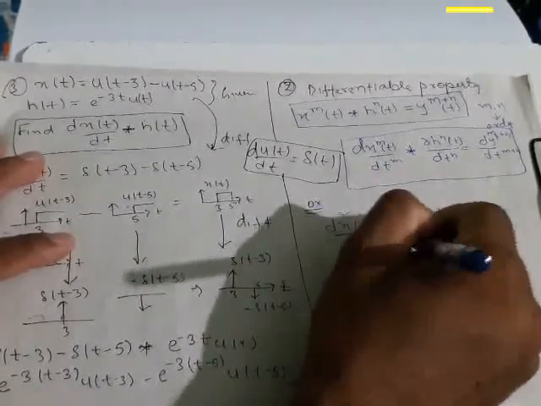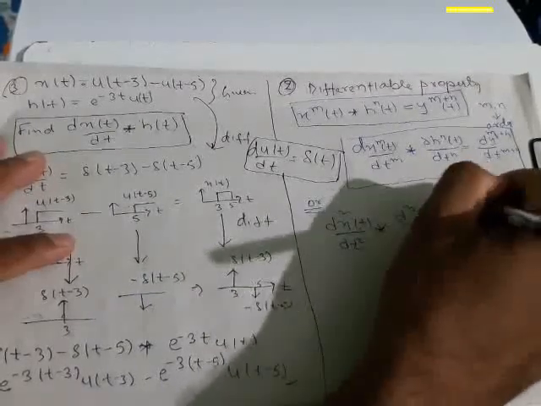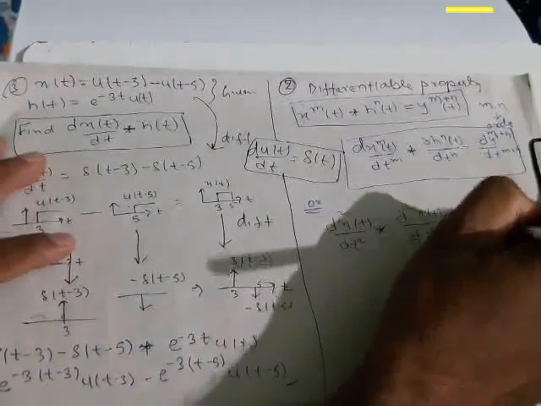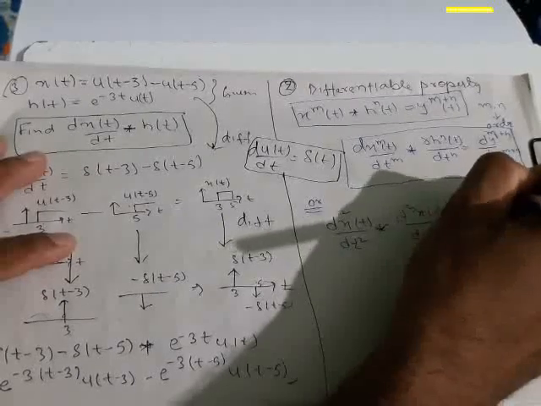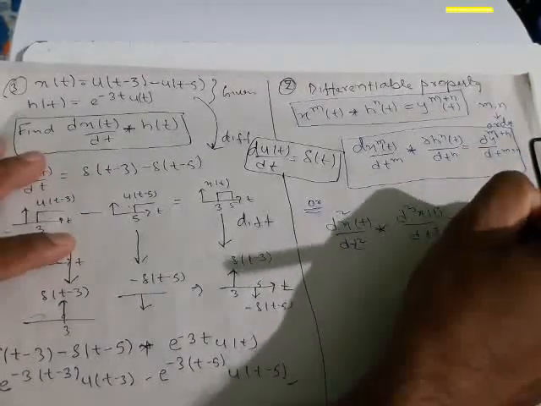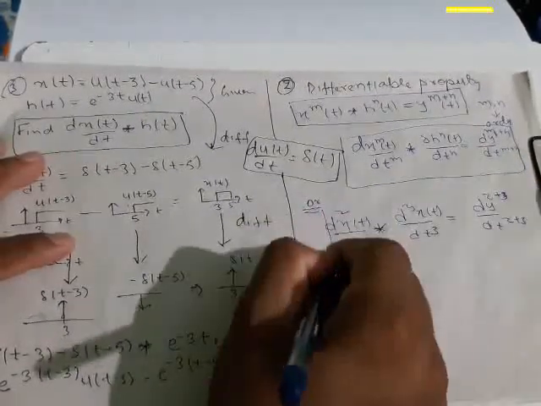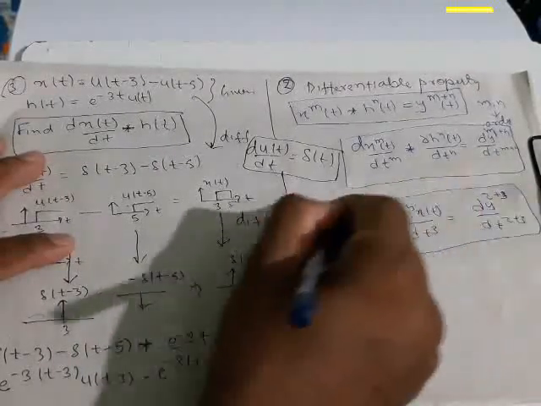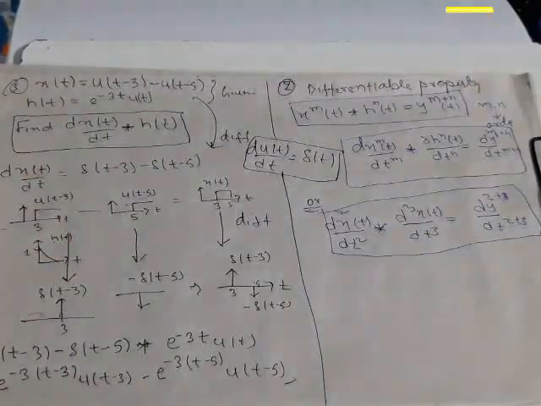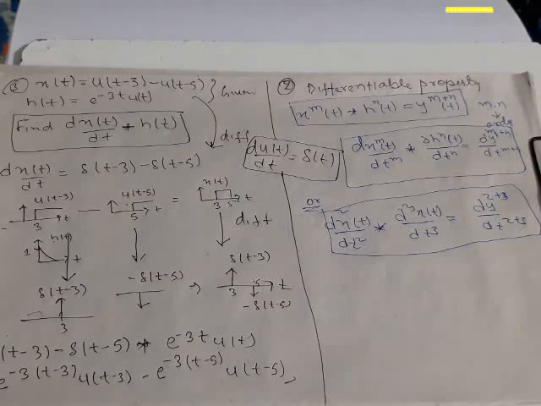So if we take this signal, this is for the sake of knowledge and to verify that this is the shifting property of an impulse function, that is called integration property. Okay, if the limits are between minus infinity to infinity, then only this is possible. Okay, directly write the answer.